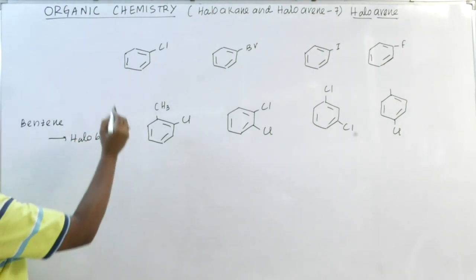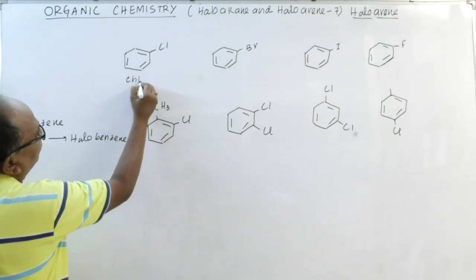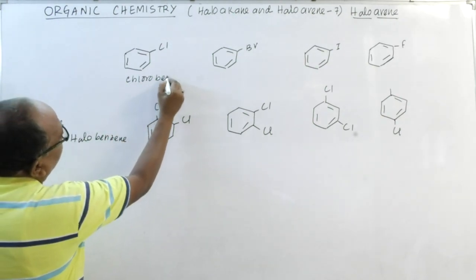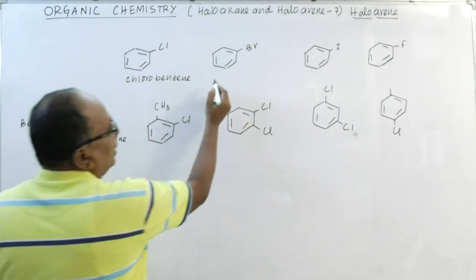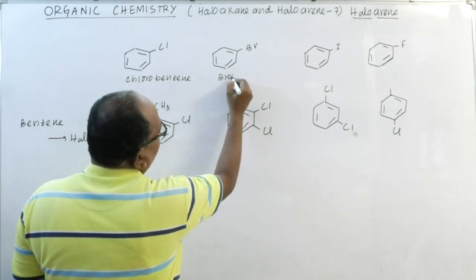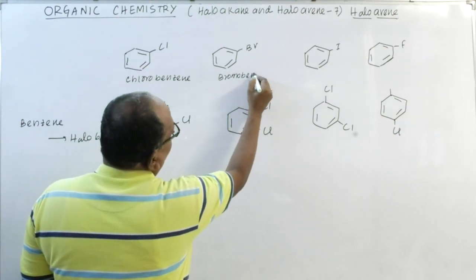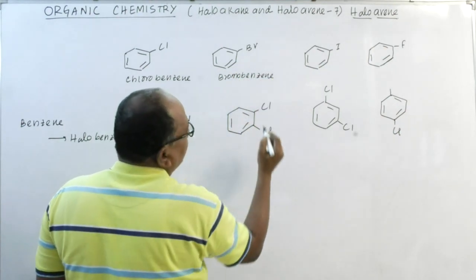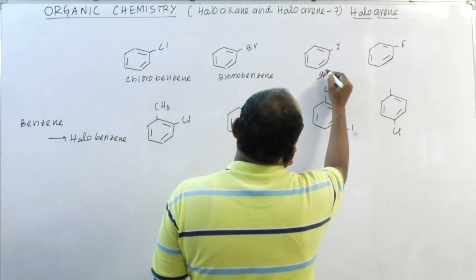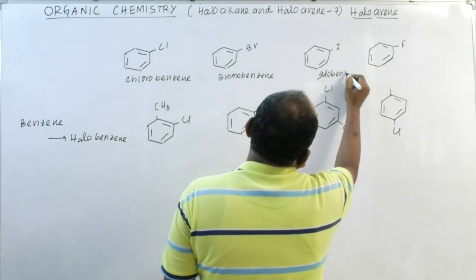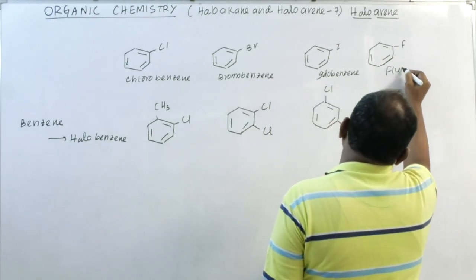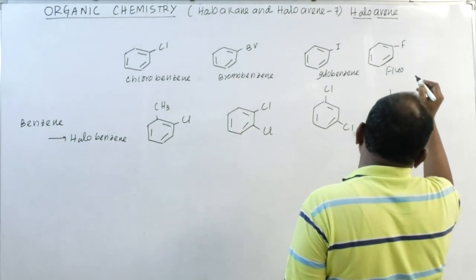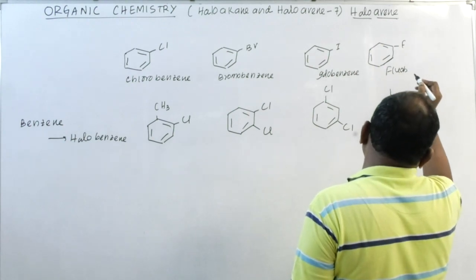This is called chlorobenzene, this is called bromobenzene, this is called iodobenzene, and this is called fluorobenzene.